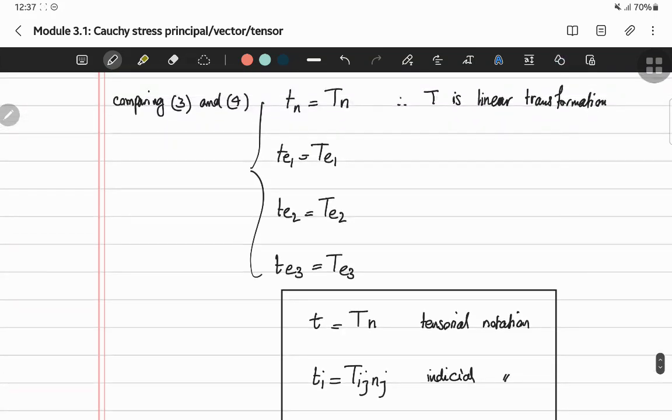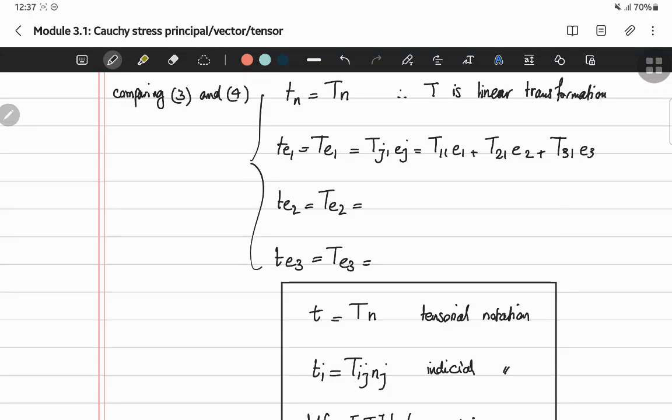There's an important property here. If you notice here, we have Te1 equal to T the transformation of e1. We already wrote this from the first module, or the second chapter of the book: T ej Tji, where j was 1, 2, 3. So T11 e1 plus T21 e2 plus T31 e3.